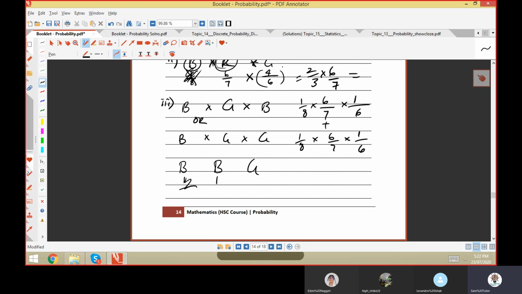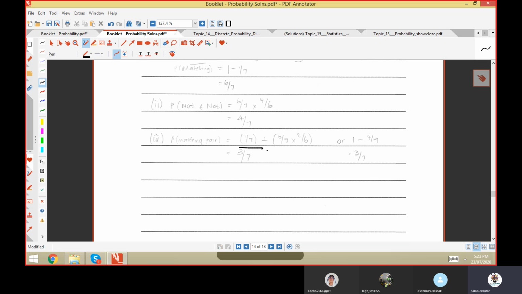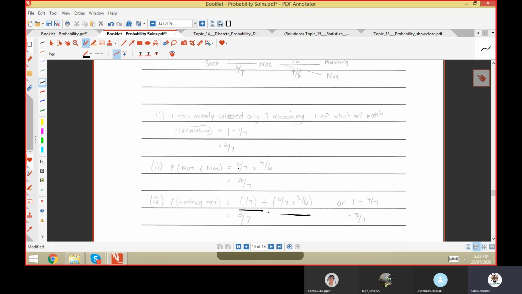So this is 1 out of 7. Yeah, they did. They actually did do this case. Seriously? Why would you have chosen a green if you've already done this? 1 out of 7. That's exactly what they did, plus this. I can't believe they actually did that. Fair enough.